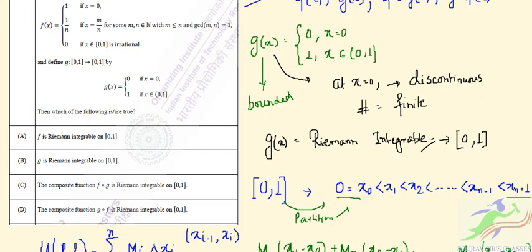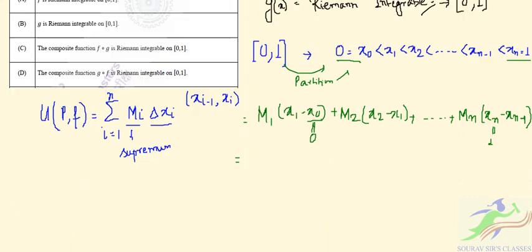If x is rational, it has the form 1 by n1. If we take the supremum as a rational number, M1 will be 1 by n1.